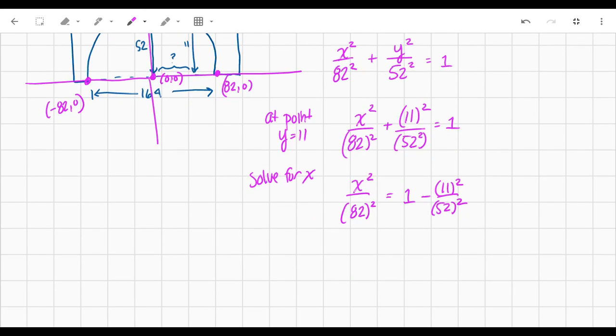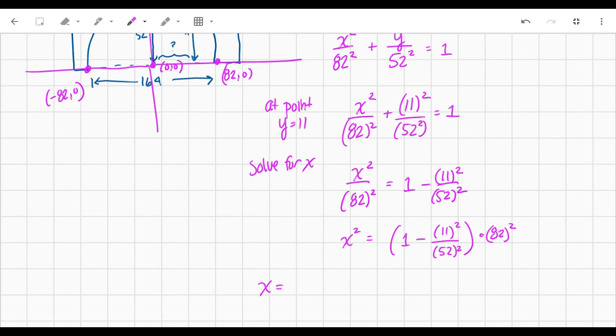Then we can multiply everything by 82 squared, and then we can square root it. So just be really careful using your calculator to get this answer. Break it into pieces. Technically, x could also equal the negative square root of that.